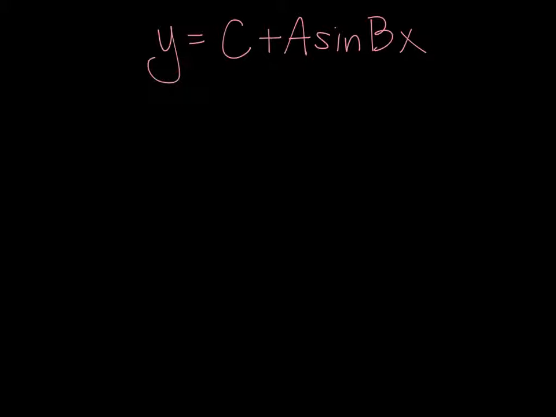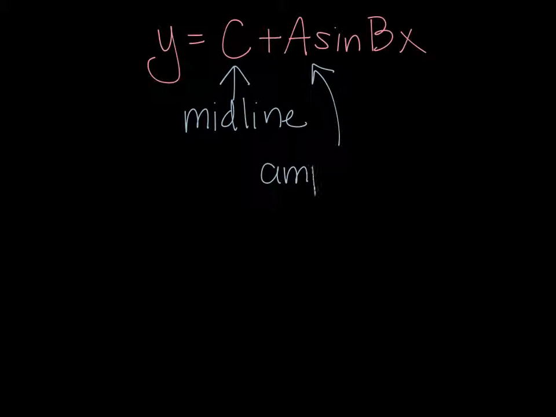Okay, first, what do each of these things do? C is the midline of the graph. On the graphs we just drew, the midline was 0. If it's any other number besides 0, it'll be indicated right there. A is the amplitude.